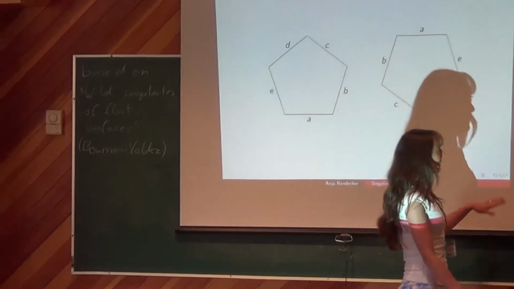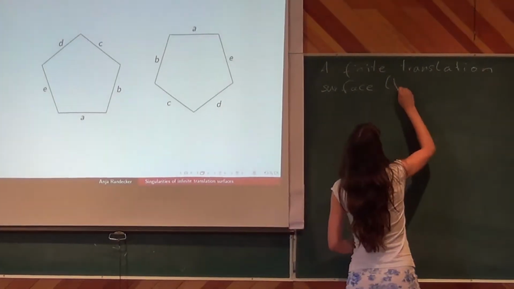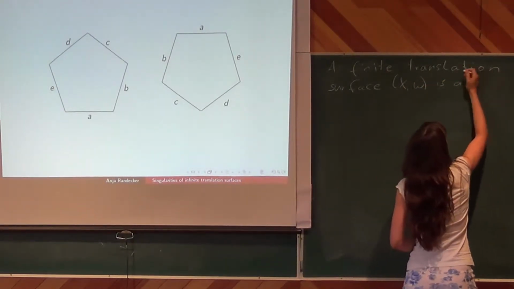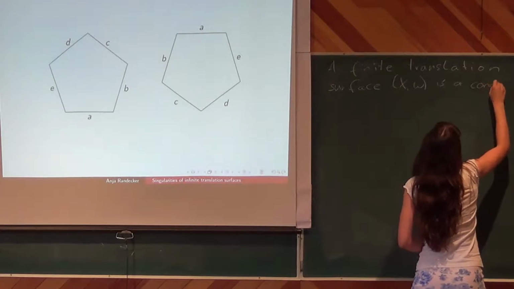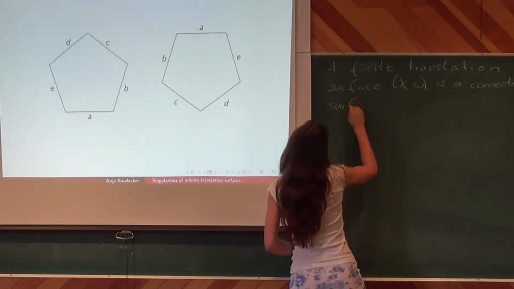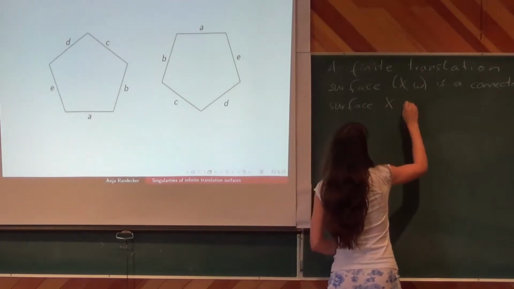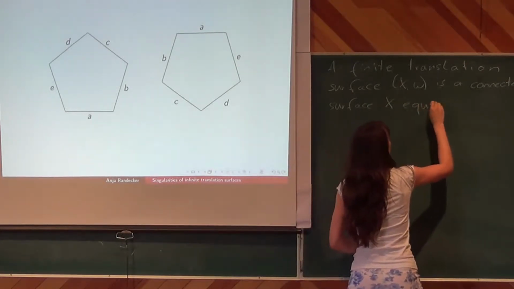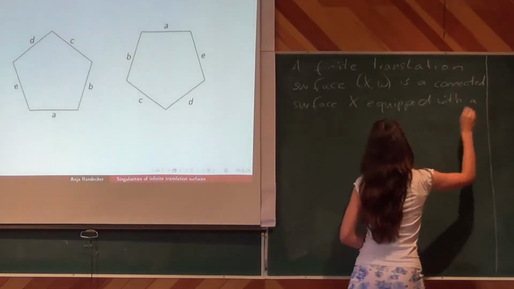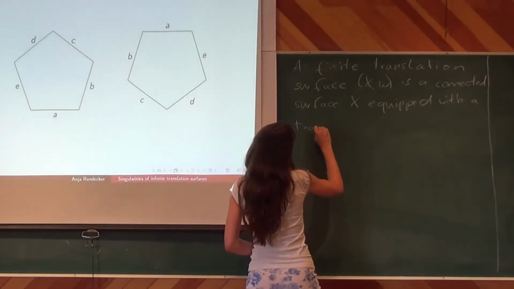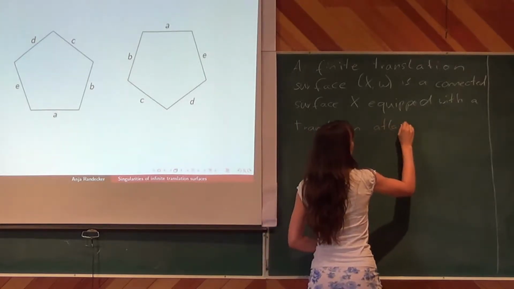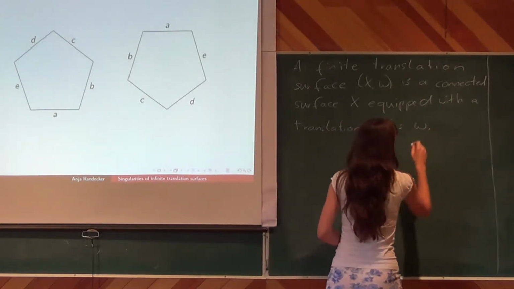Okay, so I define a translation surface (X, omega) as a connected surface, and we have translation charts in the atlas. That's not all.